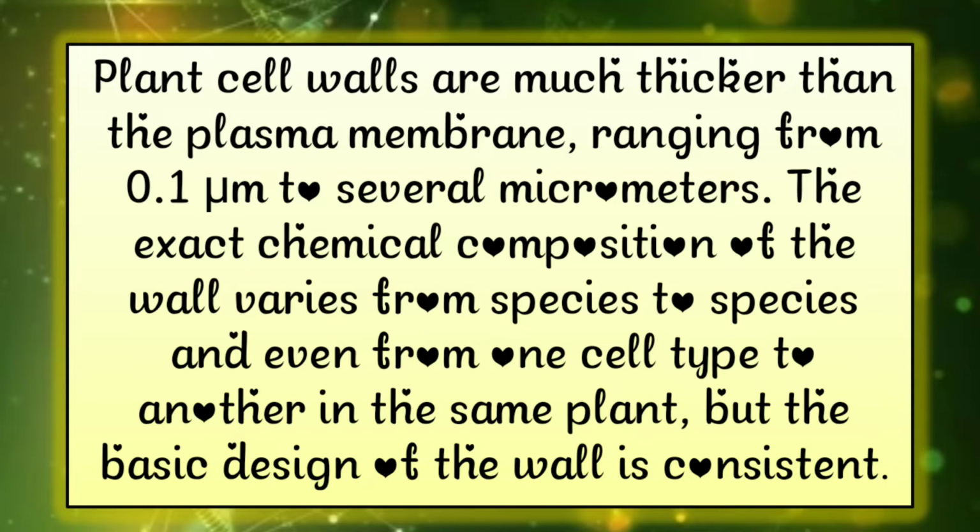Plant cell walls are much thicker than the plasma membrane, ranging from 0.1 to several micrometers. The exact chemical composition of the wall varies from species to species, and even from one cell type to another in the same plant, but the basic design of the wall is consistent.